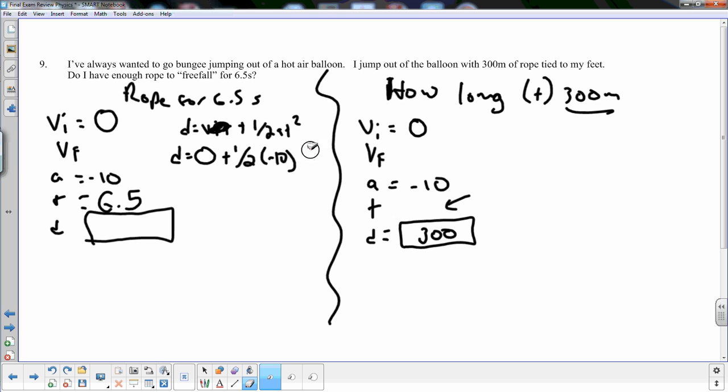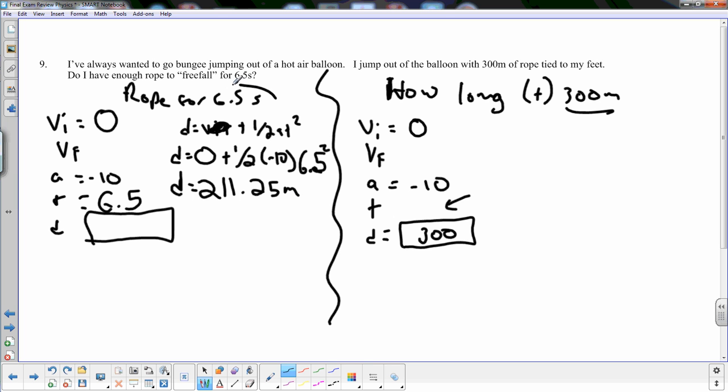All right, so our distance is 0.5 times negative 10 times 6.5 squared. And you're going to end up with a distance of 211.25 meters. So, in order to drop for 6.5 seconds, I need 211 meters of rope. How much do I have? 300. Do I have more than I need? Yes. In fact, I will fall for longer than 6.5 seconds.